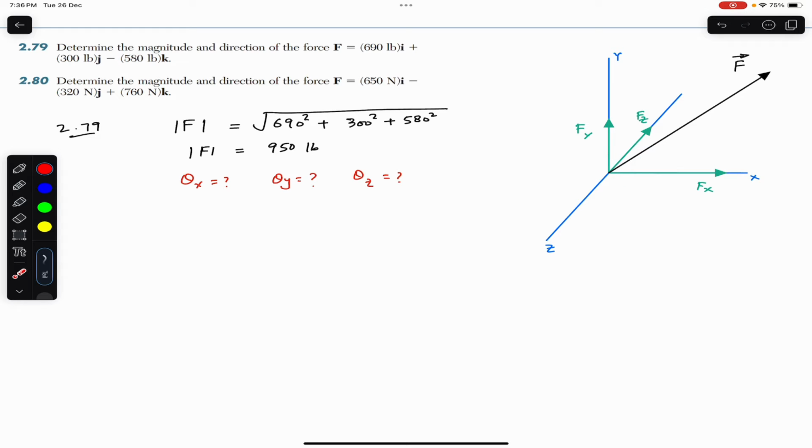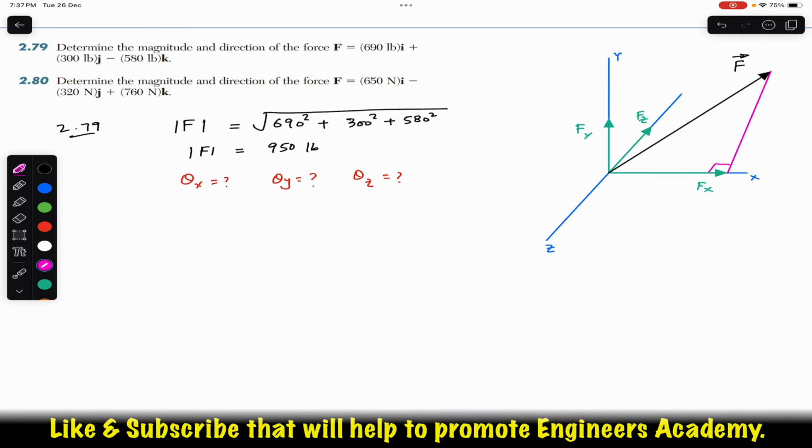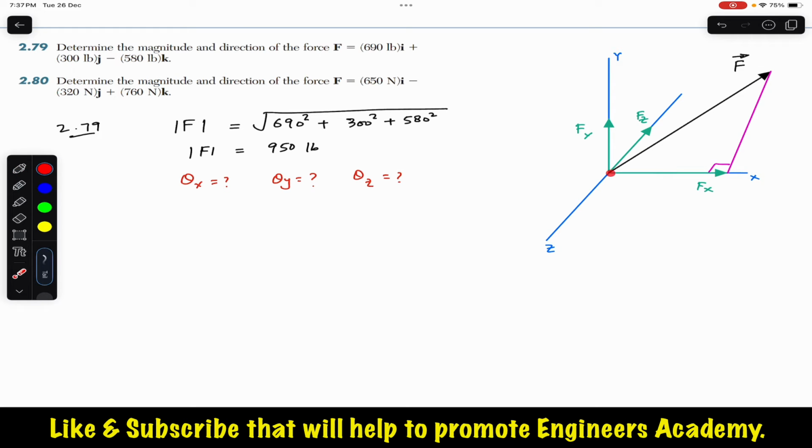Now let's say if I drop a perpendicular from the head of this force F to the head of this f of x, let's say that this pink line is perpendicular to that f of x. So this will be a right angle triangle then. And as I have told you people that this force F is making theta x with the positive x.